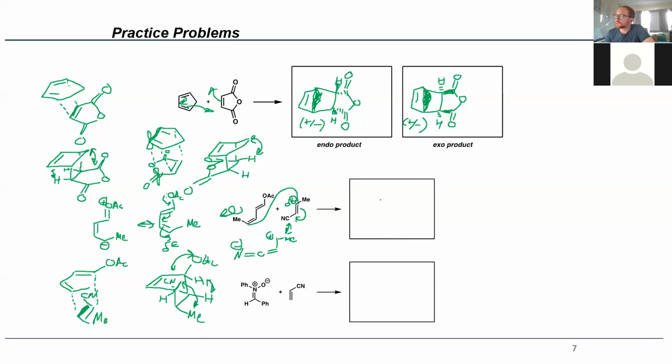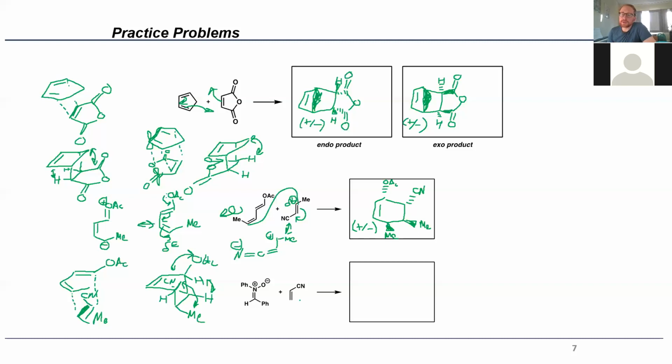And so the major product here will look like so, as well as the other enantiomer. And so this will be the product form.